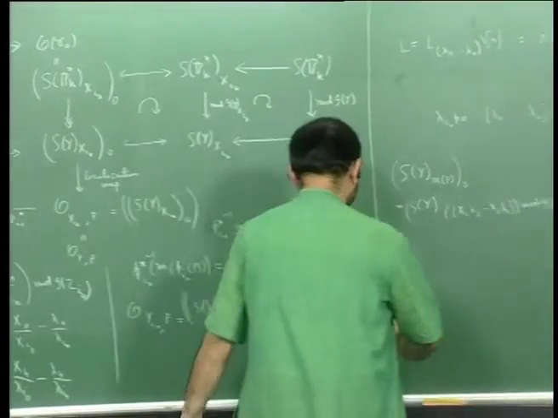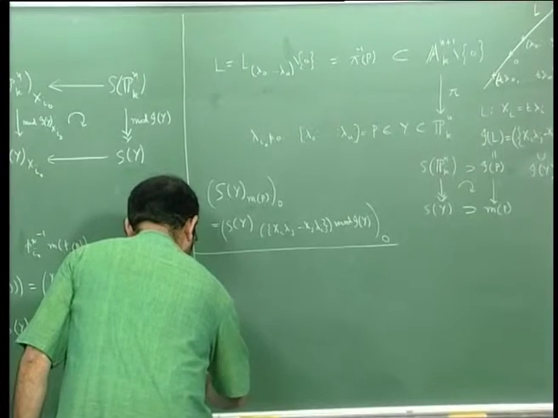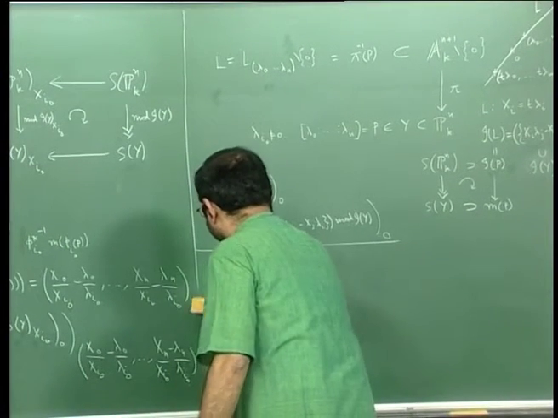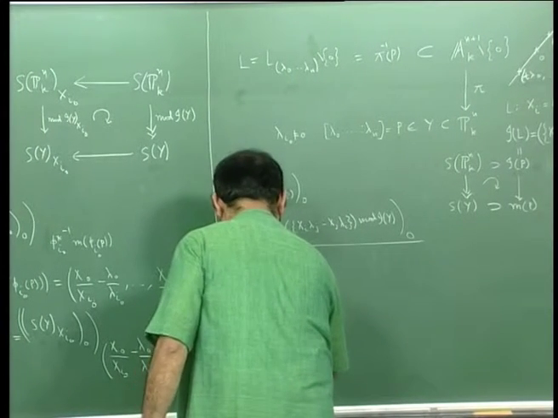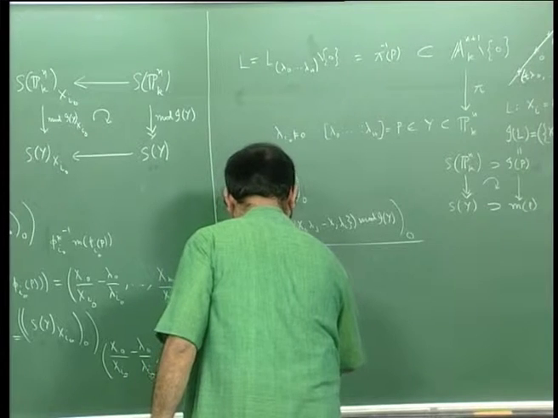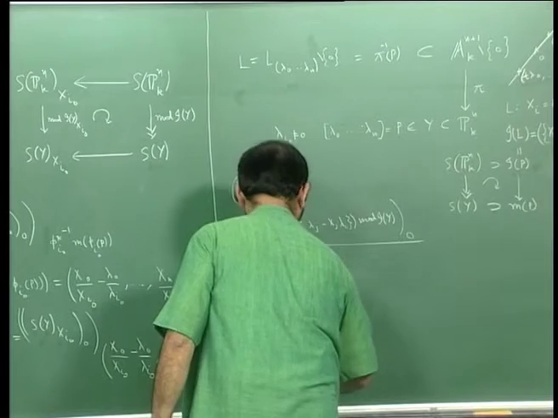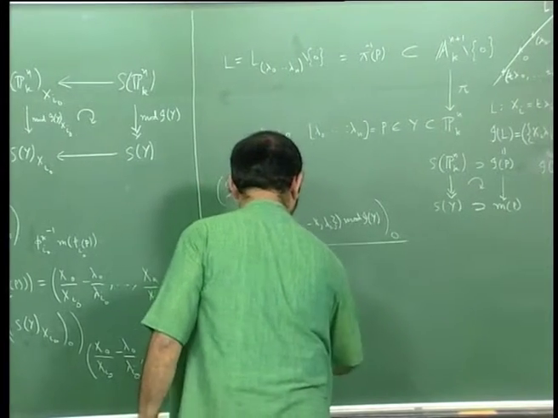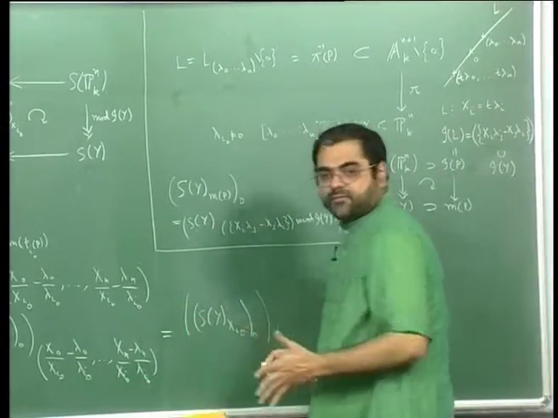So let me continue here and erase this line and write that this guy here is sy xi naught localized at 0 and then further localized at, now I am going to multiply throughout by xi naught because xi naught is a unit, alright.